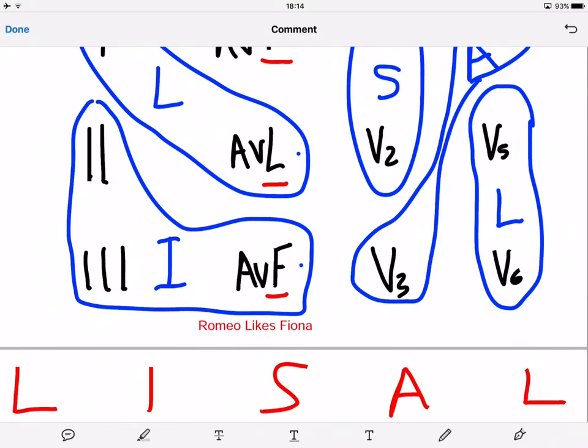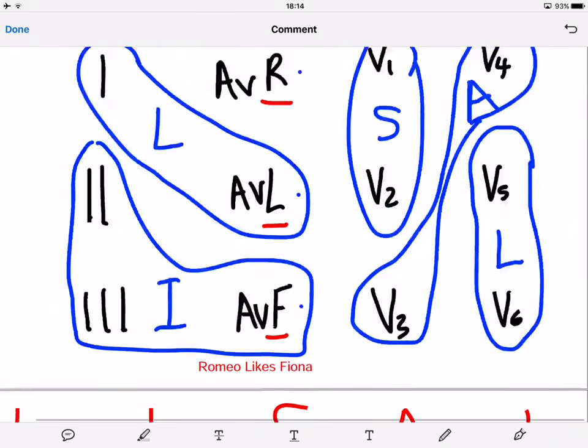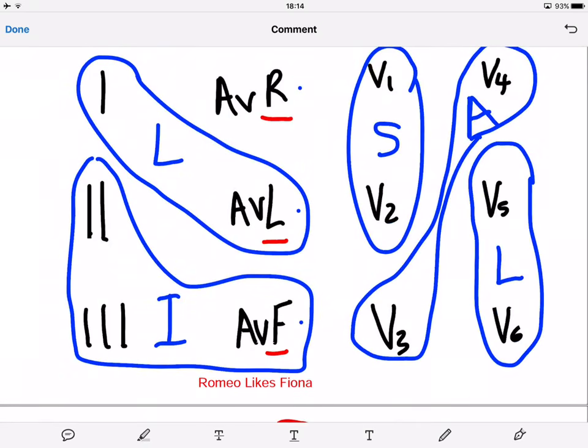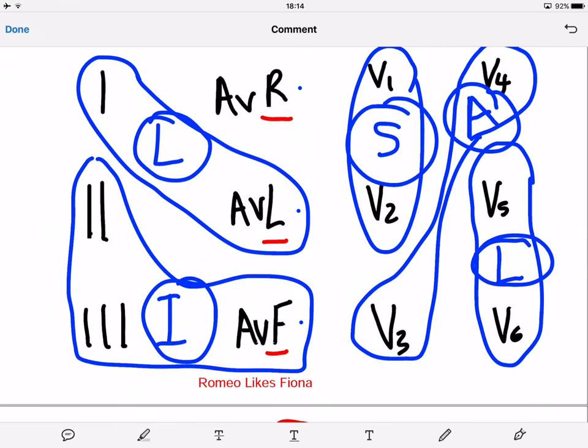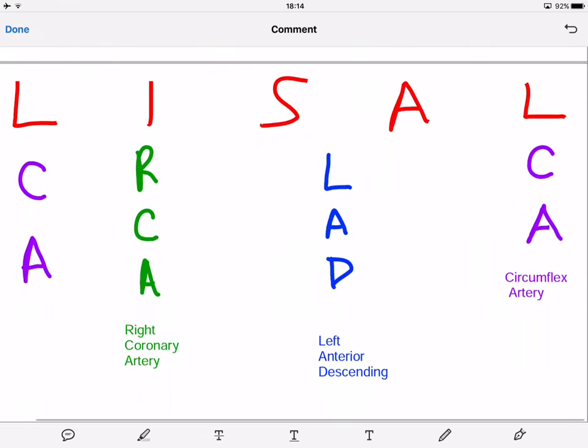So once you've drawn it, if you use the mnemonic Lysol, you know it's going to be your lateral first, so it's going to be this one first, then we know it's our inferior because it's LI, and then it's S, so Lis, and then we've got A, which is Lisa, and then we've got L at the end. So that's a little mnemonic that I like to use.